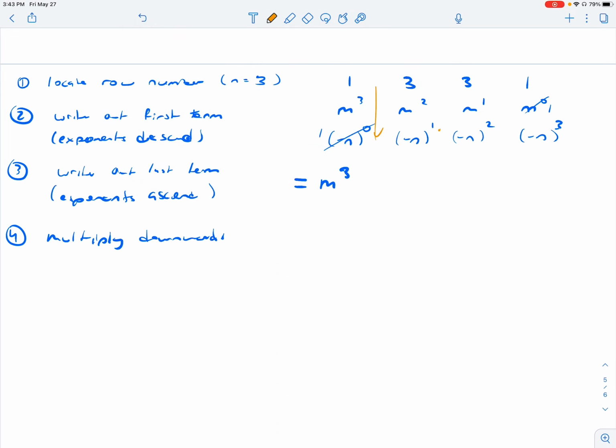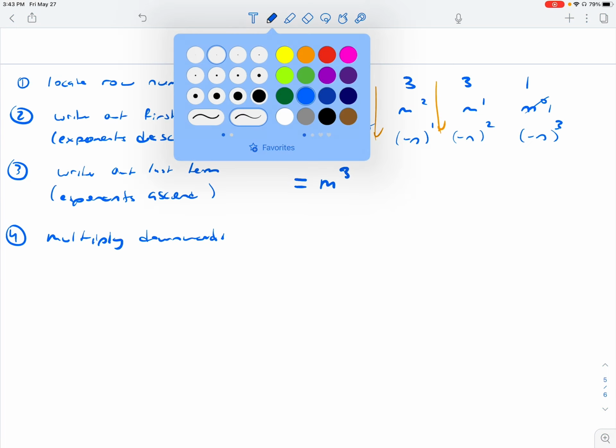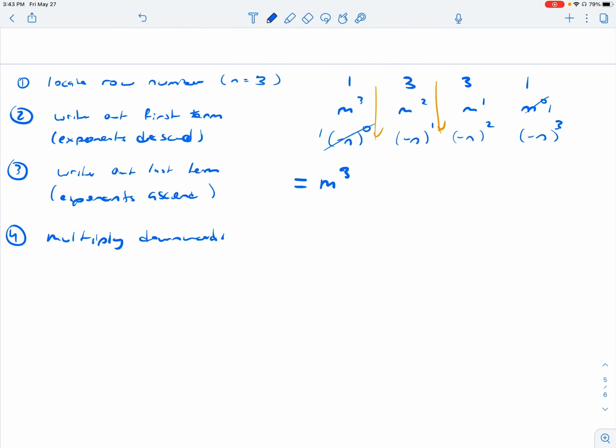Then the next one, 3 times m squared times negative n to the 1. Well, that's just going to be negative n. So I'm going to actually have negative 3 m squared n. So multiply the coefficients first. So 3 times negative 1, and then the m squared times the n.